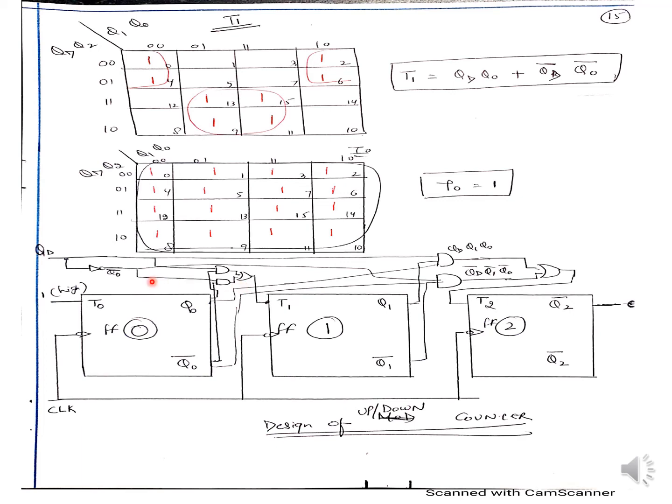T1 was the multiplication of QD, Q1 and Q0, plus multiplication of all the bars. So I have written here, it's not very neat and clean, but if you try to understand, you will understand this. It is QD and this is QD bar. This is QD, the first AND gate. This is Q0, the another input. And what was the next input?